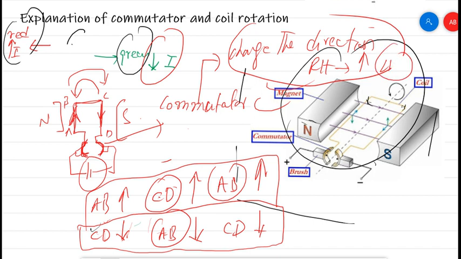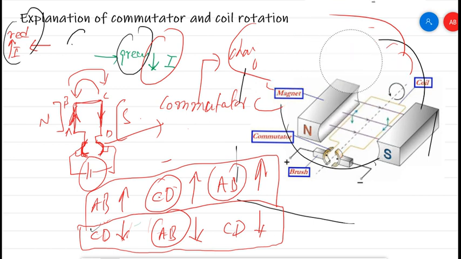Here the current is upward, here it is downward. When this side reaches over here, it will change due to the commutator, and it will not remain upward, it will be downward. And the same thing when this side reaches over there: this side's current was downward, but when it reaches that side, the direction will be upward. So the direction of current is changed. This is the function of a commutator.